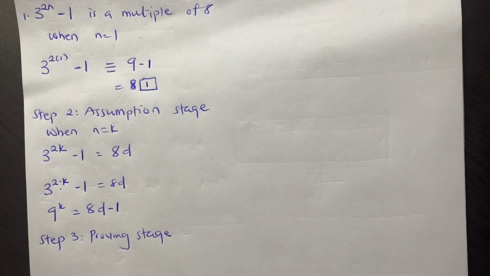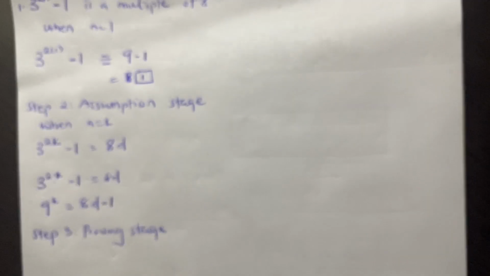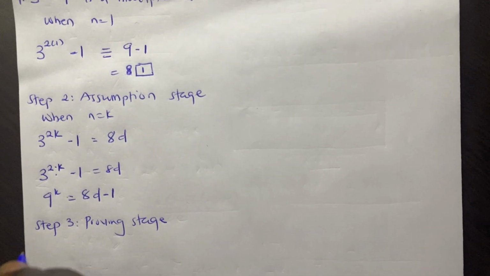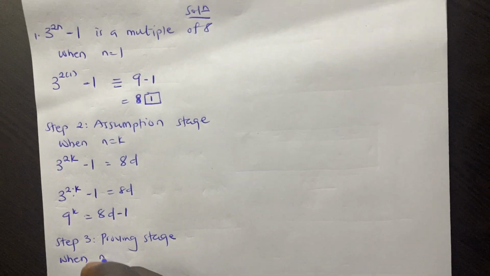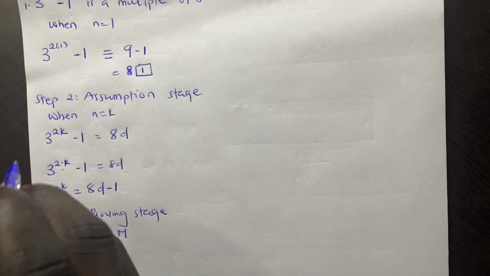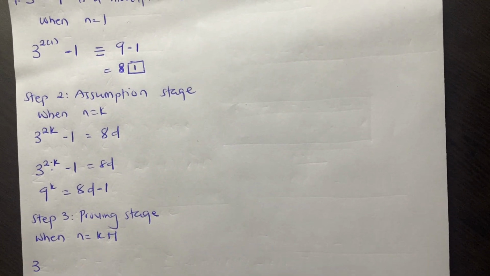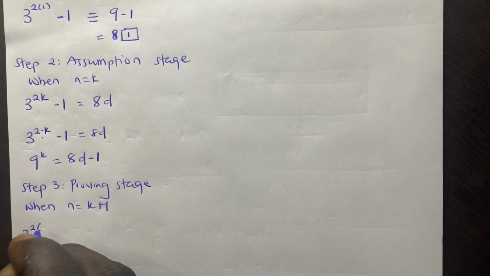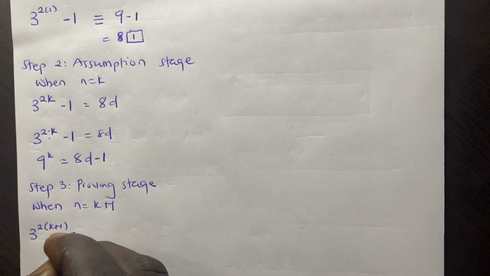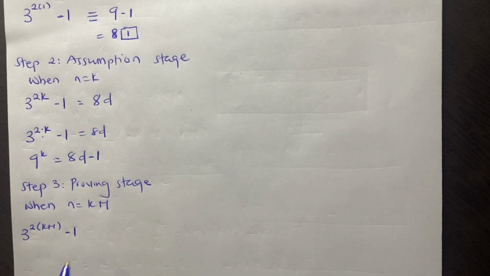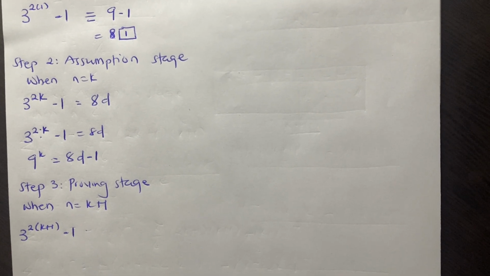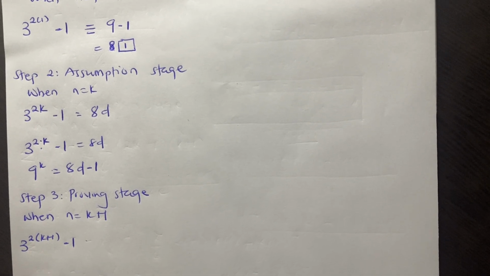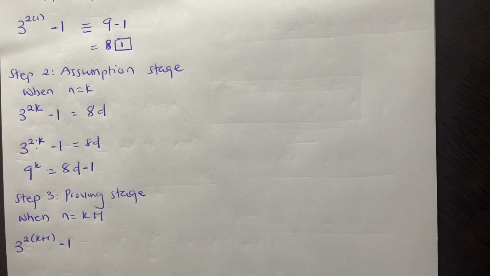Now we are going to prove that indeed when n is equal to k plus 1, we are also going to get an expression like this. So when n is equal to k plus 1, we get 3 raised to the power 2 into brackets k plus 1, minus 1. But this time around, we are not going to equate it to 8 something, because we are going to prove with this that it truly is equal to what we've been talking about.